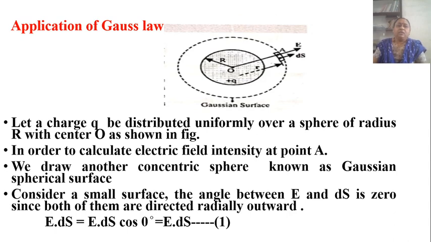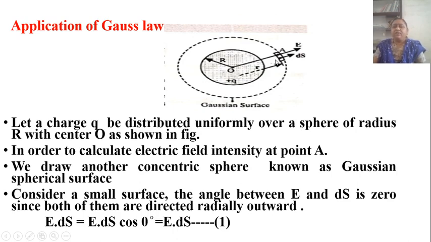Now see, let a charge q be distributed uniformly over a sphere of radius r, with center as shown in the figure. In order to calculate the electric field intensity at point A, consider a small area dS here as shown in the figure.